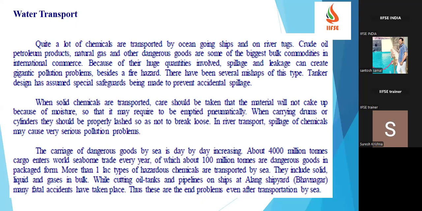What kind of pollution happens if any accident happens in the middle of the sea? It can collapse the complete biosystem in the water. It can pollute all the water, all the flora and fauna, and the water-related animals that live in water, they all die.